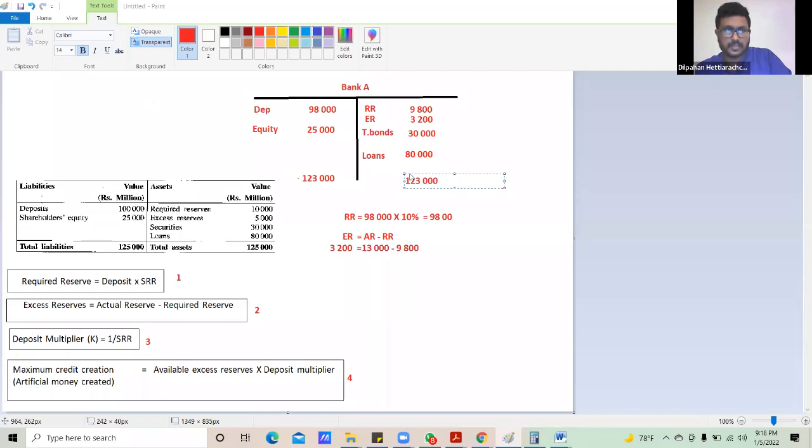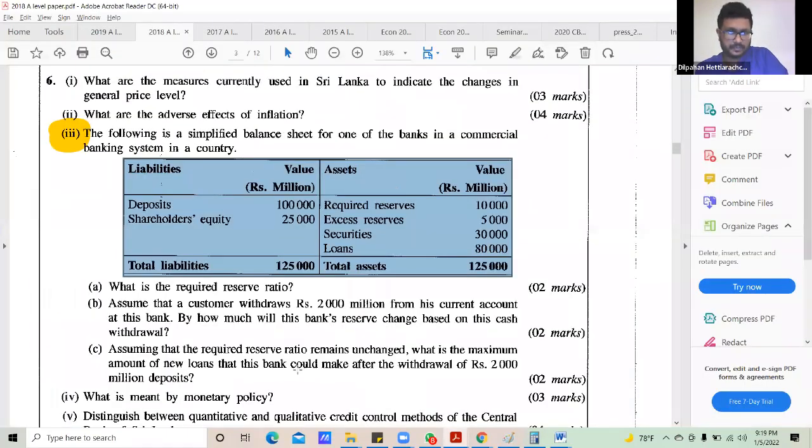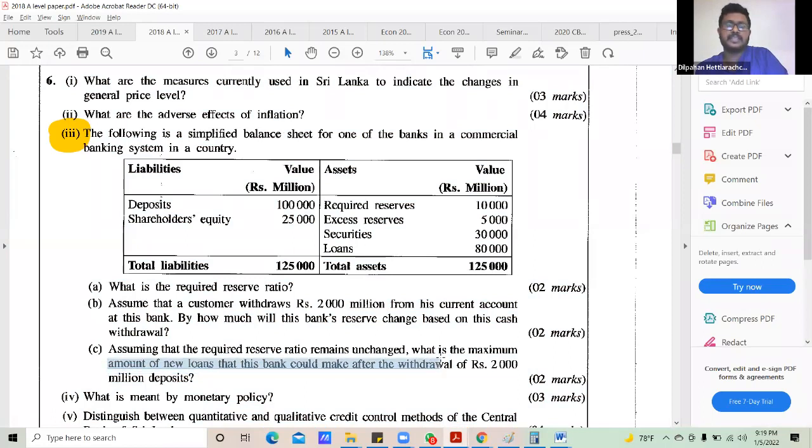So this question, C, what's the question? What is the amount of new loans that this bank could make? I told you that is excess reserves. So they're asking about the excess reserves. How much is the excess reserve now? 3,200. Are we clear?